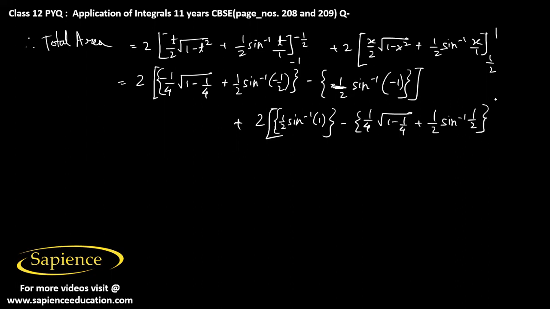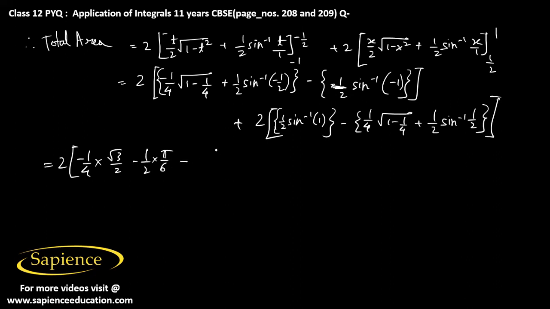So if we solve it, we get 2 times minus 1 by 4 into square root of 3 by 4, so this will be root 3 by 2, then minus 1 by 2 sine inverse half, that is pi by 6.